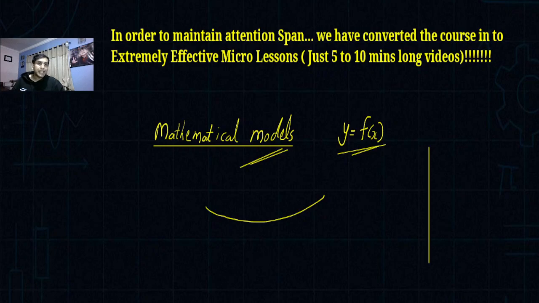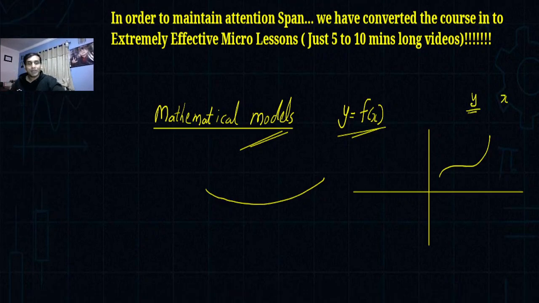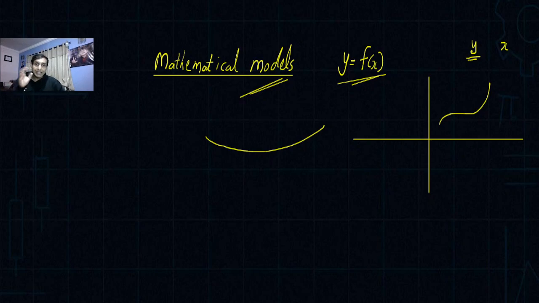And functions can be converted into graphs. And in a graph, the most important part we try to analyze is how the y values are changing with respect to x values. I'll tell you one example. Look at this. The cost of petrol per liter.